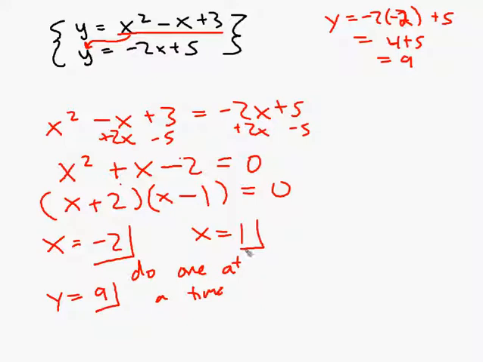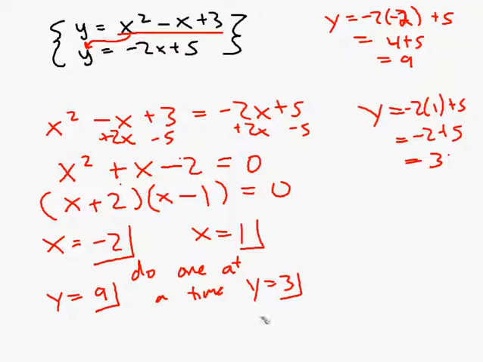Now I'm going to do x equals 1. So y equals negative 2 times 1 plus 5, which is negative 2 plus 5, which is 3. All right, so y equals 3 is the other answer. So I have two answers: negative 2, 9, and 1, 3.